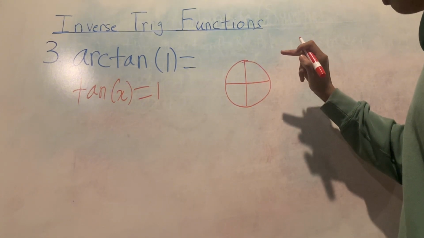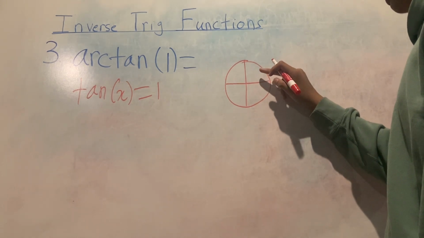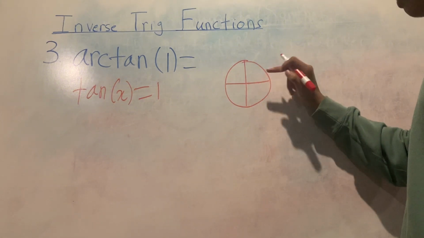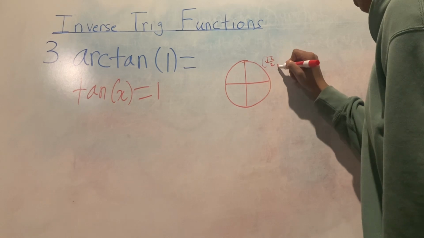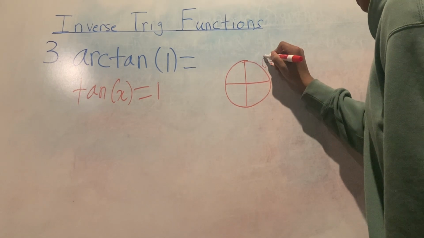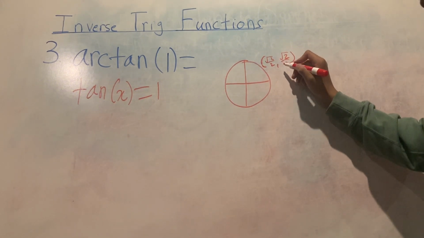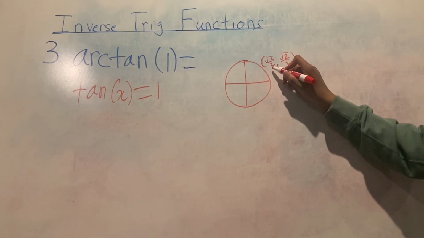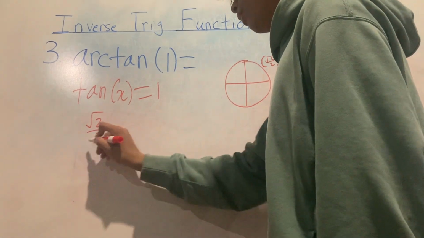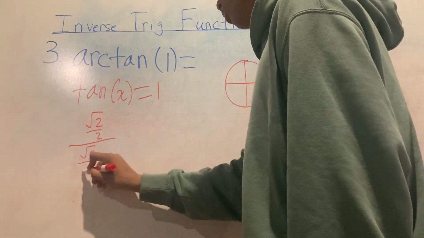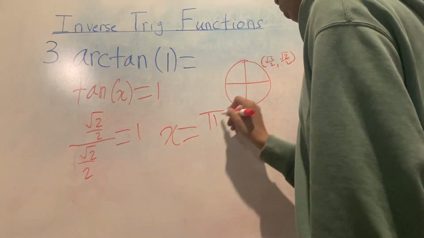So we have to get an angle from quadrant 1 because this is positive, positive. The angle that will make tan equal to 1 is pi over 4, because the coordinates are root 2 over 2, comma, root 2 over 2. And tan is the same as sine over cosine. Sine, which is the y value, divided by cosine, which is the x value, will be root 2 over 2 divided by root 2 over 2, and that's going to equal 1. So that means x equals pi over 4.